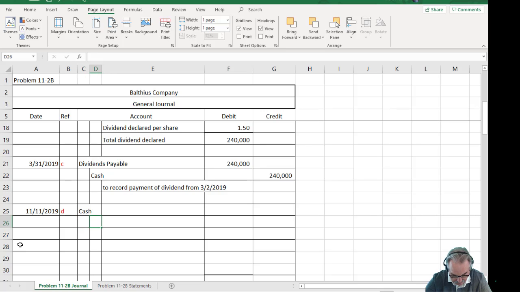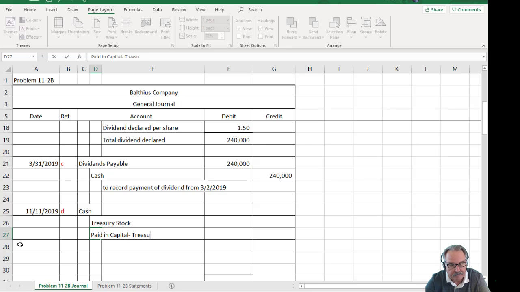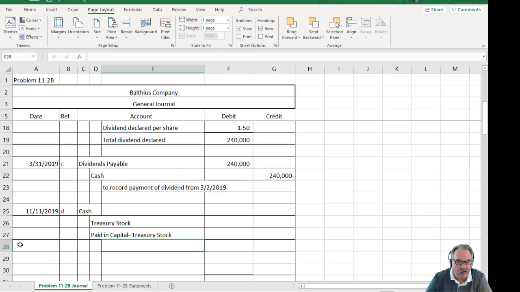We're going to credit treasury stock, and we're going to credit paid in capital, treasury stock, because we bought those for $12 a share, but now we're selling them for $13.